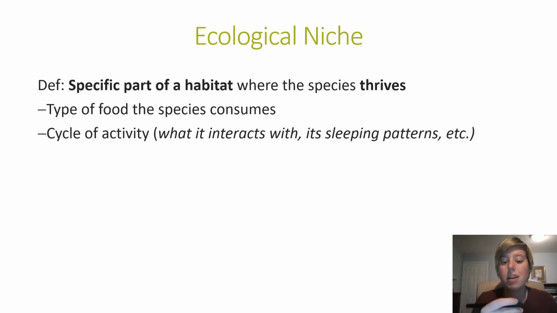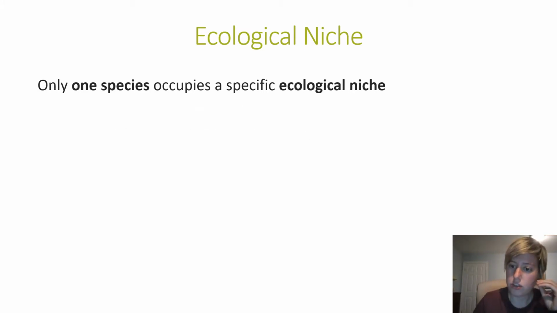So when we're talking about cycle of activity, where it interacts, when it interacts, is it a predator, is it a prey, does it have beneficial relationships with other species? That's what it means by cycle of activity. And what's extremely important is that only one species at a time can have a specific ecological niche.